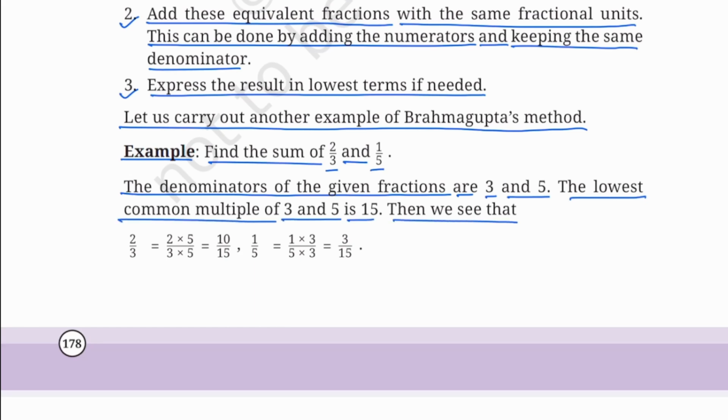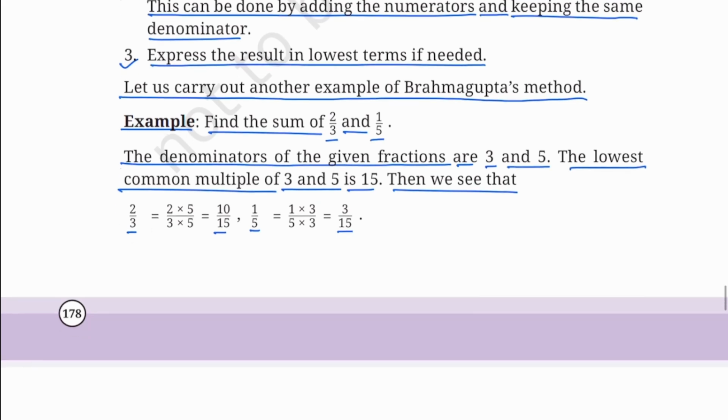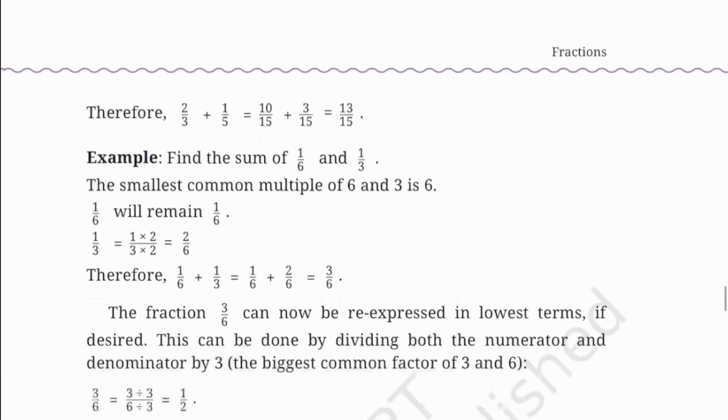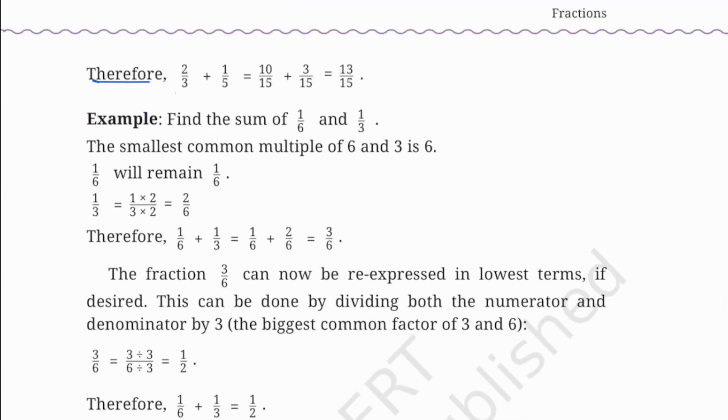Then we see that 2 upon 3 can be written as 10 upon 15, and 1 upon 5 can be written as 3 upon 15. Therefore, 2 upon 3 plus 1 upon 5 is equal to 10 upon 15 plus 3 upon 15, which is equal to 13 upon 15.